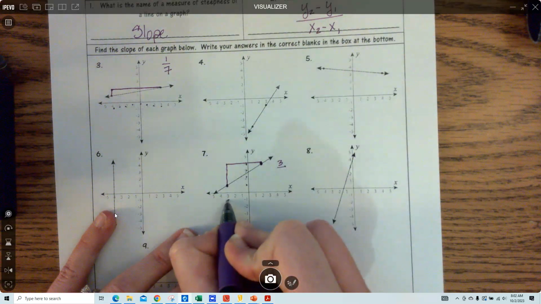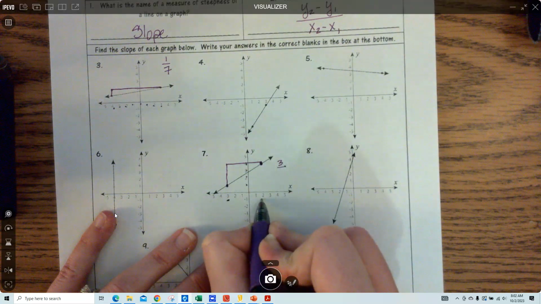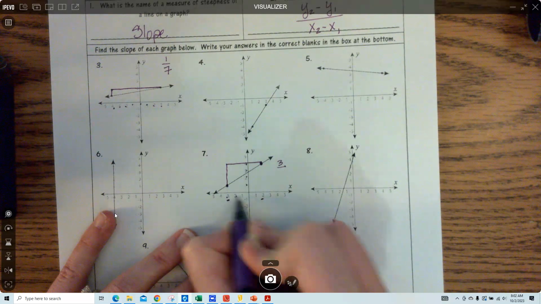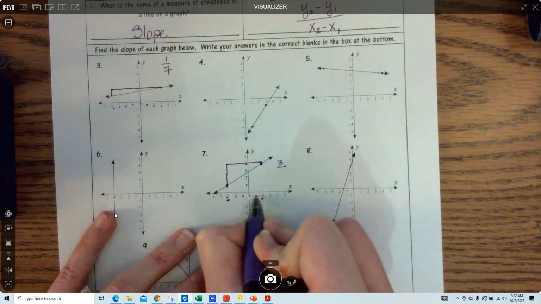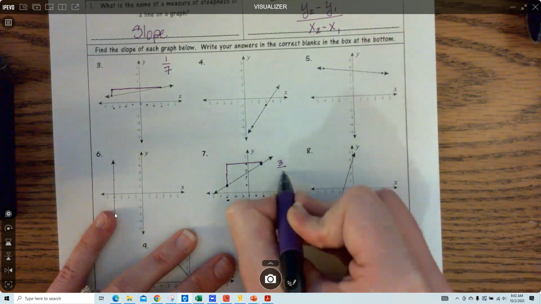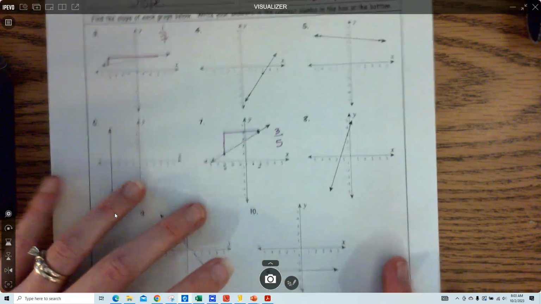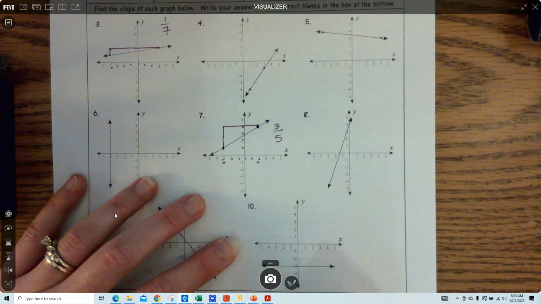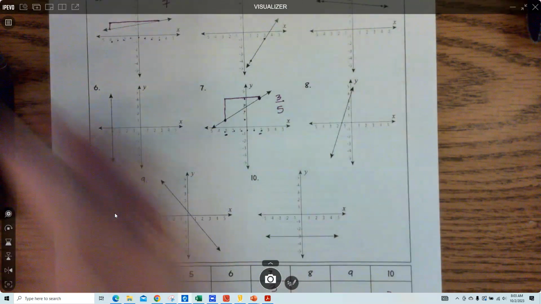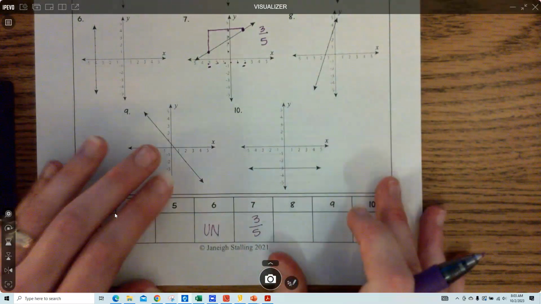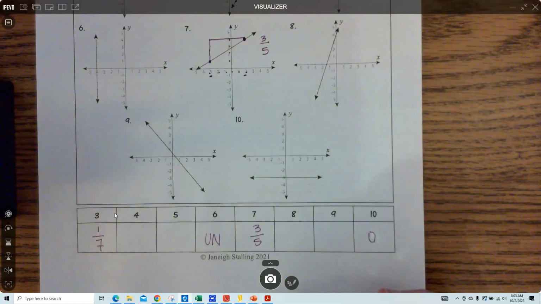And then going over, I'm going over 1, 2, 3, 4, 5. And that's my slope. So number 7 is 3/5. What happens if we have an improper fraction? Leave it. It is okay to have an improper fraction.